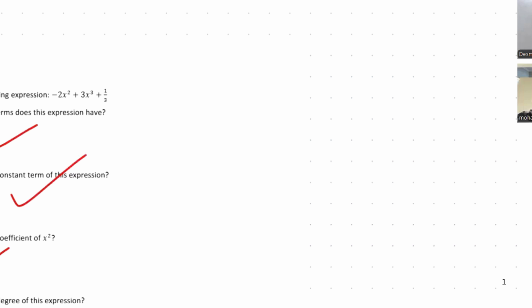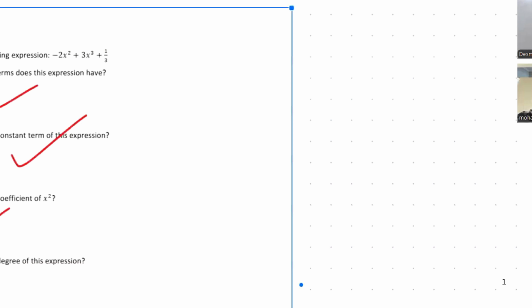Yes, I'm going to move them. Because you indicated your answers, it's fine. I needed to create a space for D. The 1/3 was the constant. Yes, I like that.